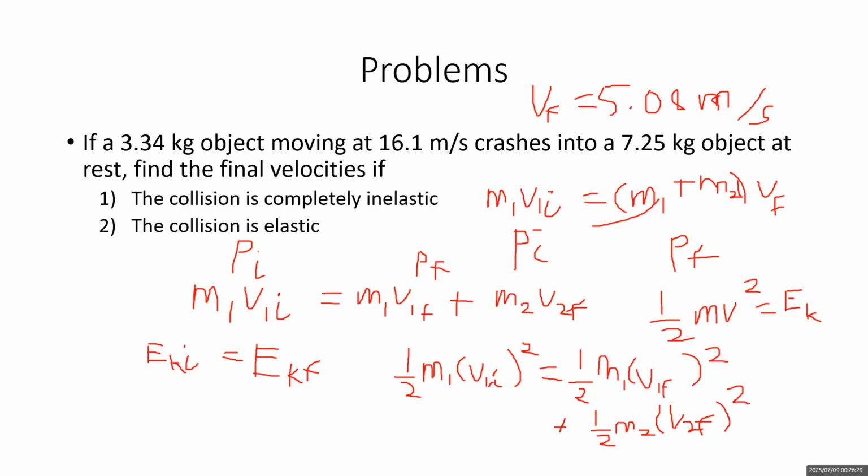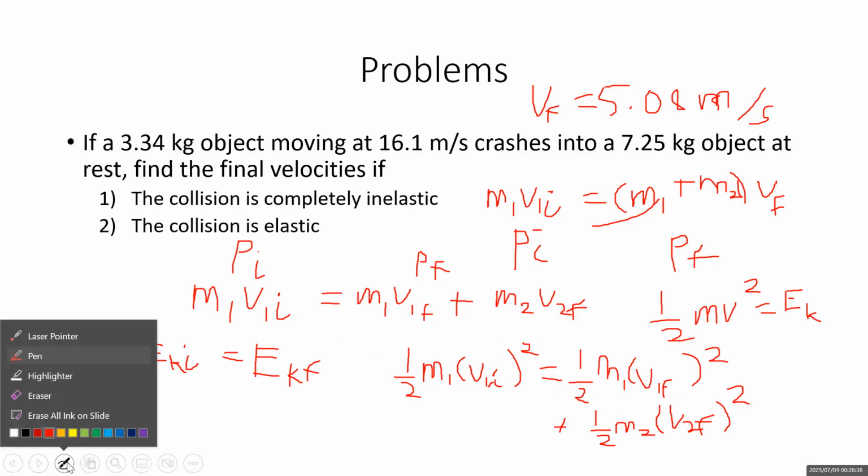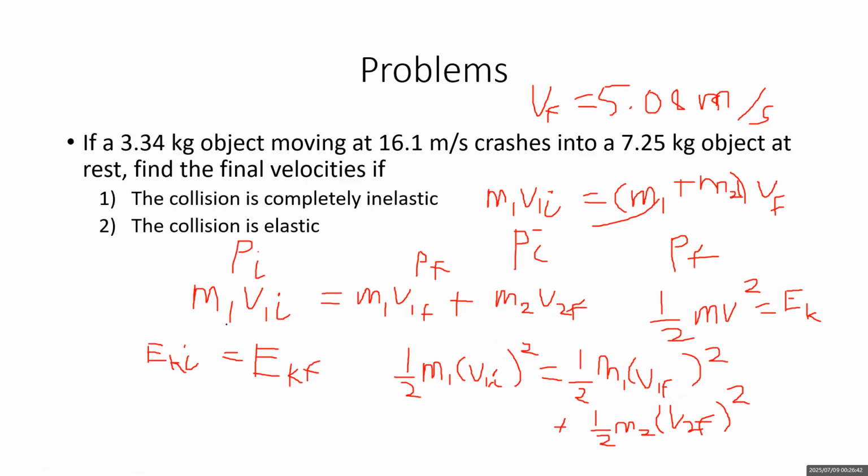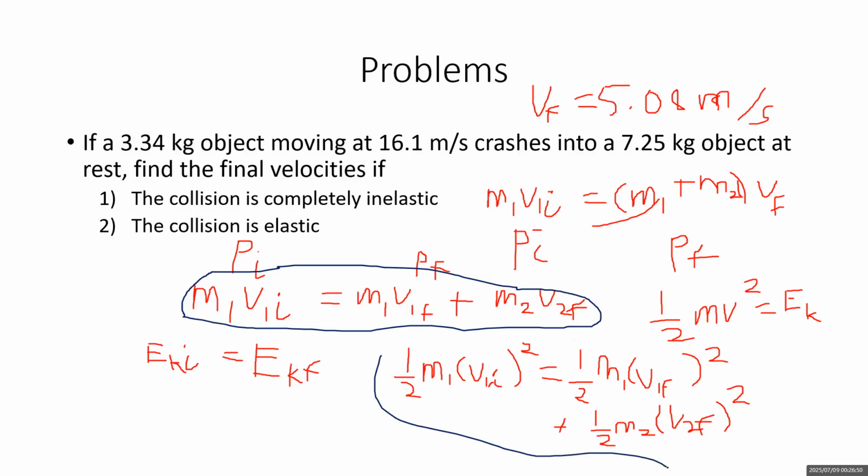Okay, now when you plug in these numbers, we have a system of two variables, two equations. We have two variables, V1 final and V2 final, and we have a momentum equation and a kinetic energy equation. Two variables, two equations. It's a little tricky.